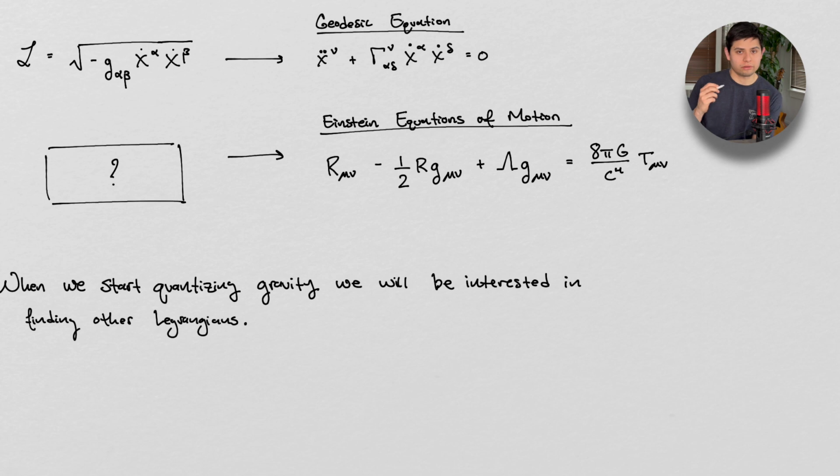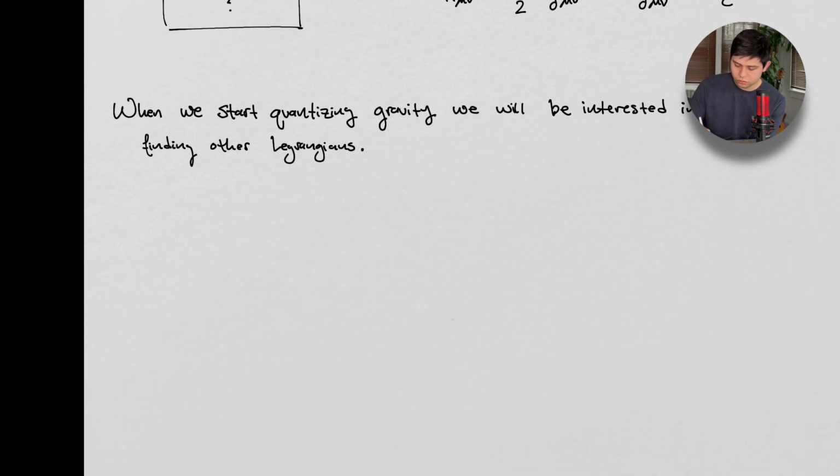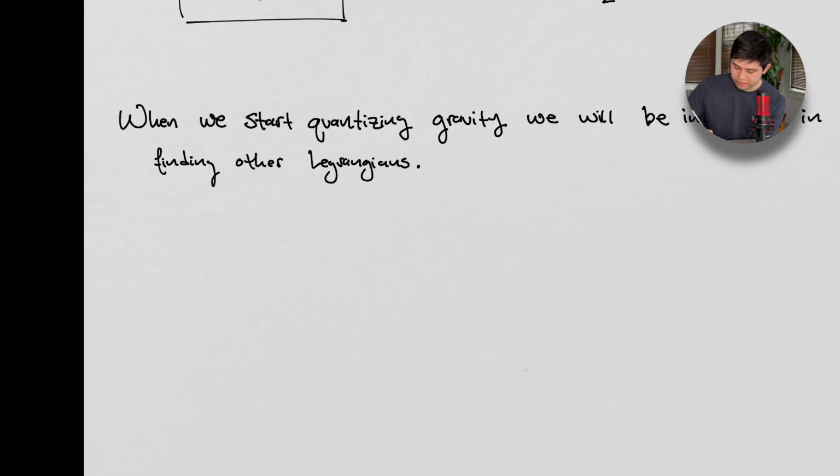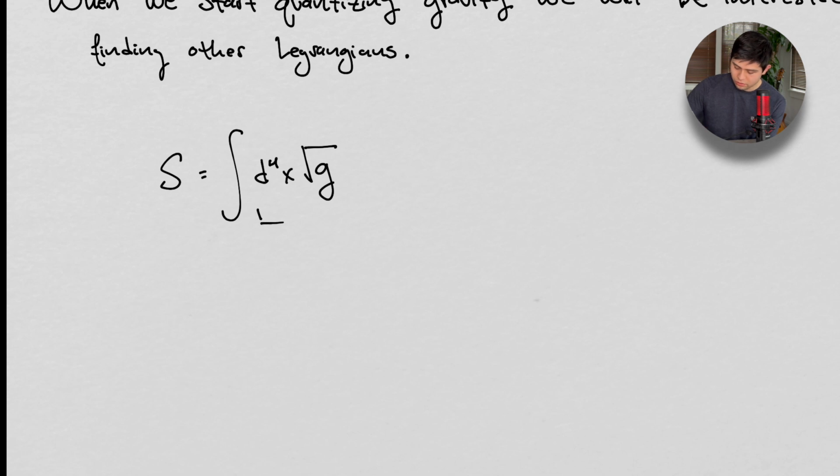Okay, and what we're going to find, I'll just spoil it, is that the action, again, the action is a functional over a four-dimensional manifold. We're going to have a square root of the determinant of the metric, right? This is our volume element.